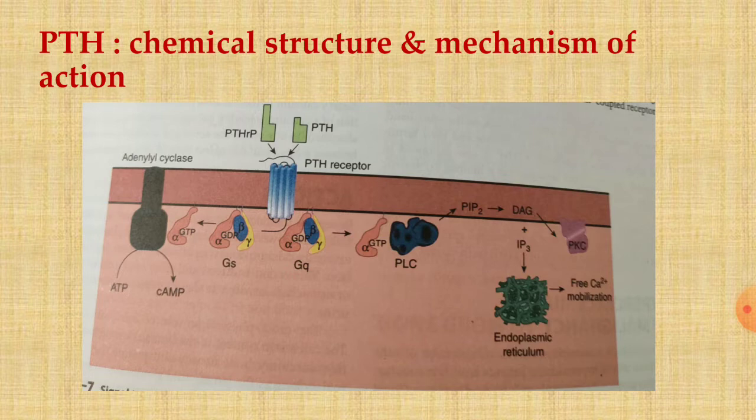Three main types of PTH receptors are studied till date. One of these parathyroid receptors also binds parathyroid hormone related protein. Because of the structural resemblance, PTH-RP or parathyroid hormone related protein can also bind to a specific type of receptor of parathyroid hormone.